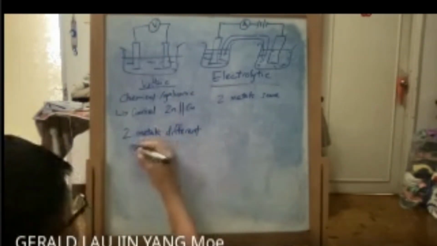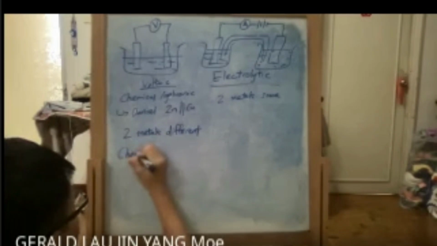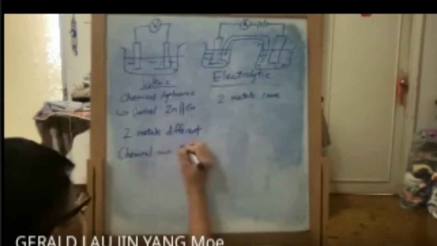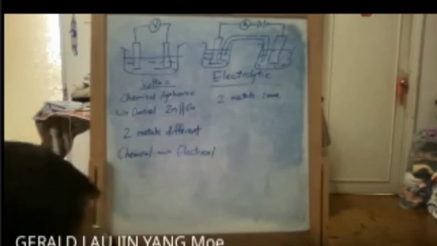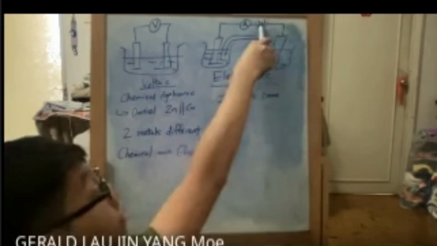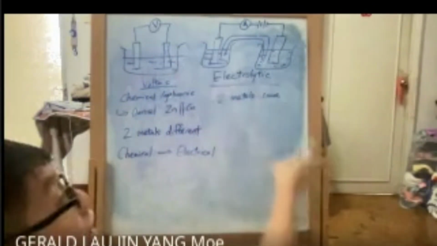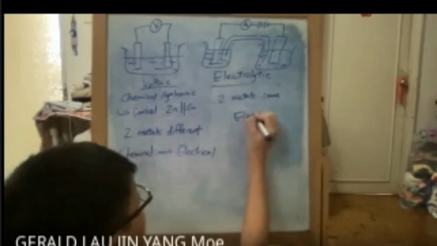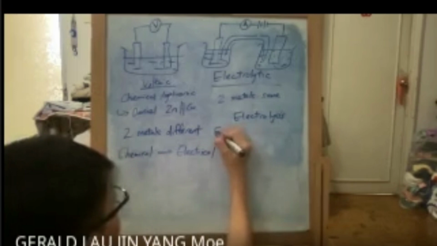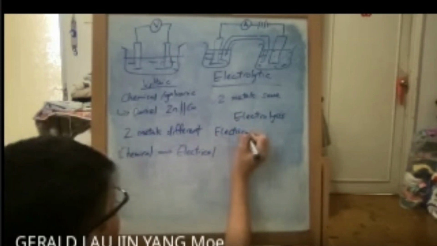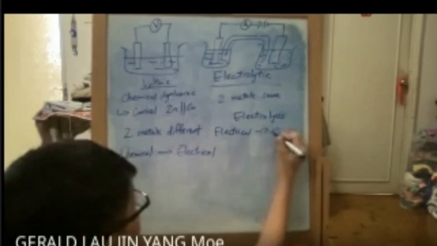That's why this one is chemical energy to electrical. But here it is the opposite. Battery, electrical energy. Then it conducts electrolysis here, causes electrolysis here. That's why it's from electrical to chemical.